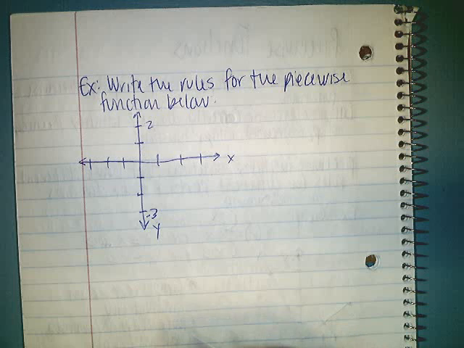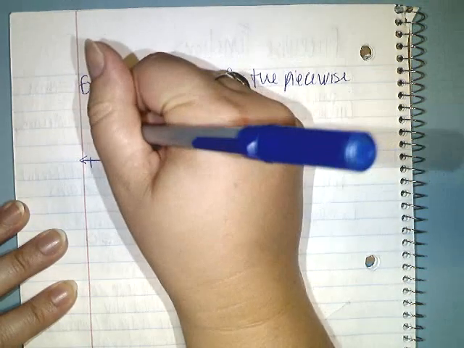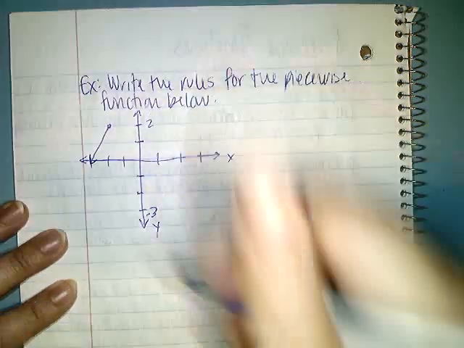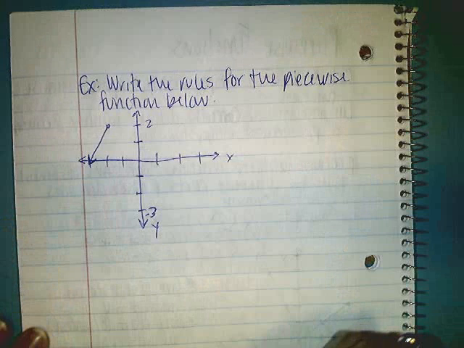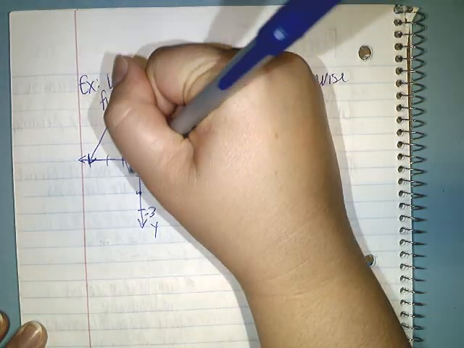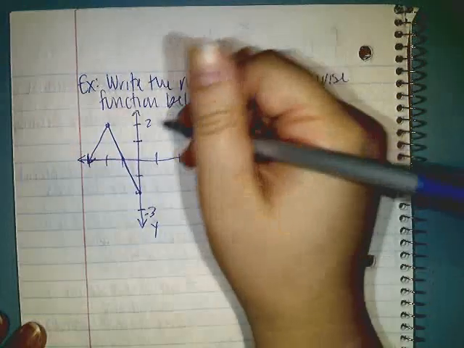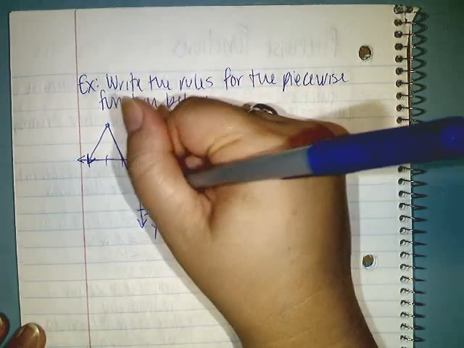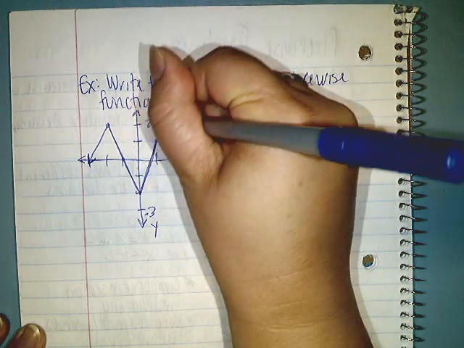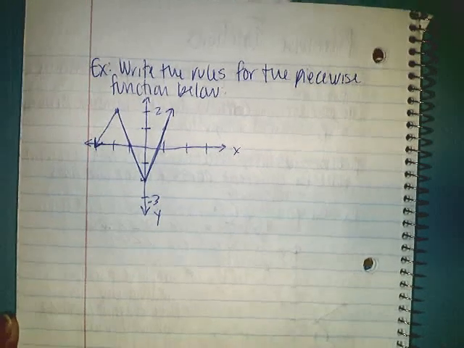Okay, and then my first one is going to go to -2 and draw here. That's an arrow on the end, sorry. And then I'm going to draw a point here and here. And then last but not least, I'm going to draw a point here. Draw that. Okay, so try your best to write the function rule for that graph.